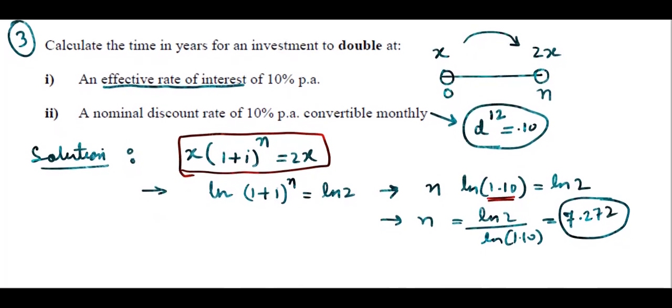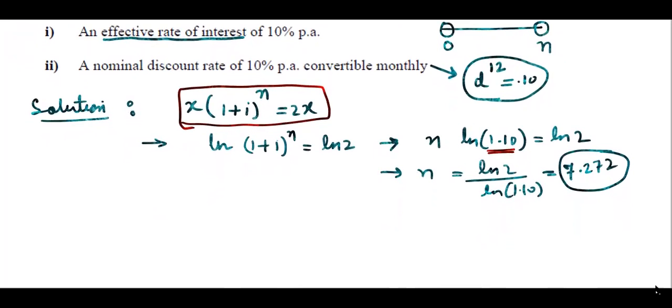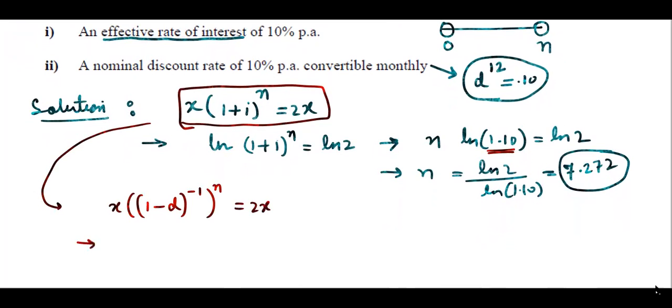But again, we'll not do that. This equation only will change it to 1 minus D, minus 1 power n, that will be 2x. Then in 1 minus D, you write 1 minus D12 by 12 power 12. Power 12 minus 1, it will be minus power 12.